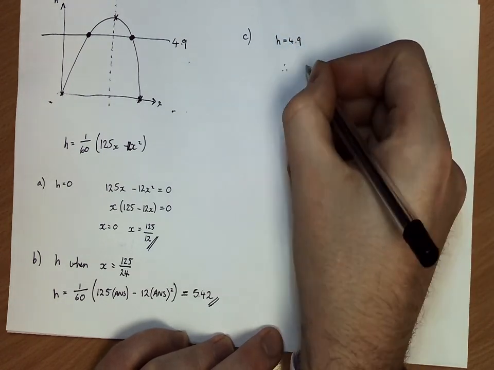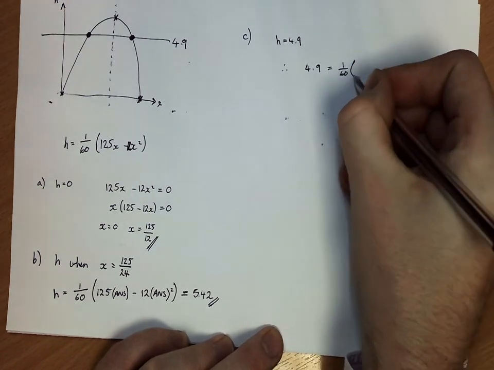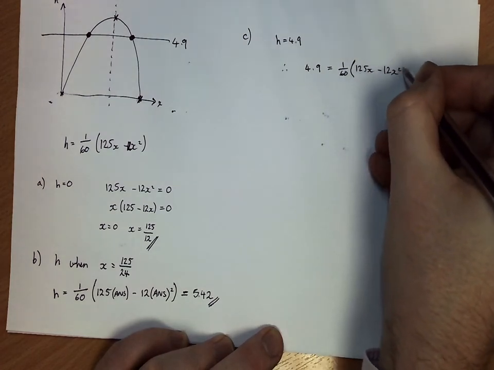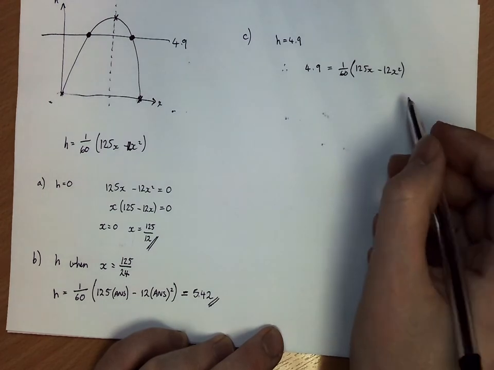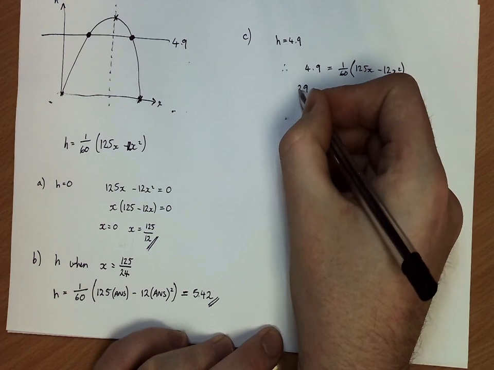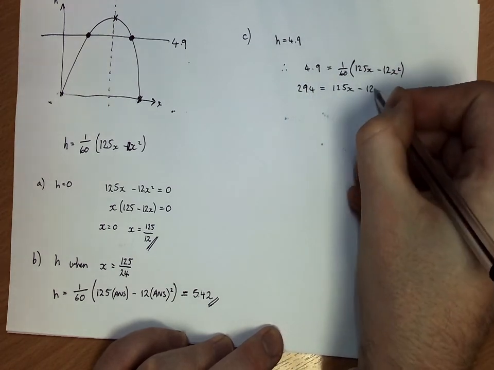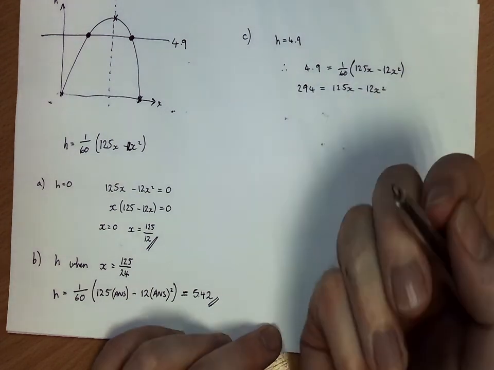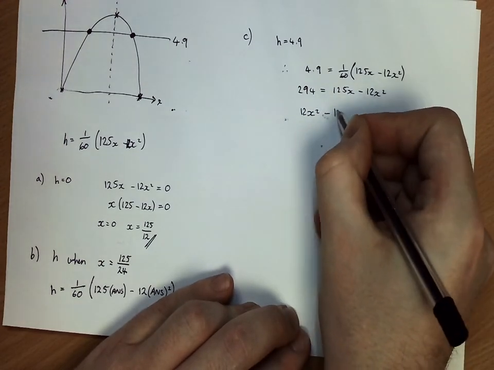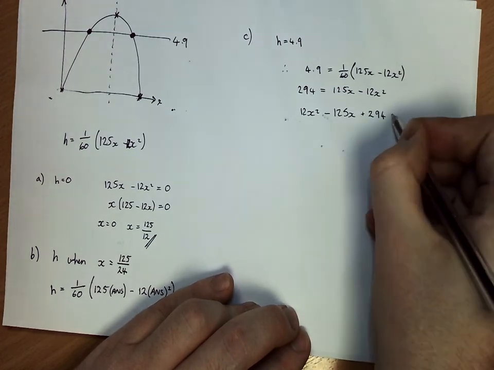Therefore, the equation we're trying to solve is 4.9 equals 1 over 60 (125x minus 12x squared). And this is the equation we want to solve. If I times by 60, I'm going to get 294 equals 125x minus 12x squared. And I'm just going to rearrange this so it's in the standard form of a quadratic, so it's equal to 0. So 12x squared minus 125x plus 294 equals 0.